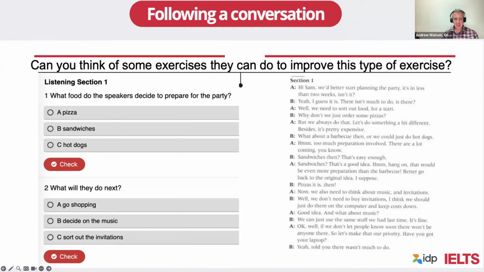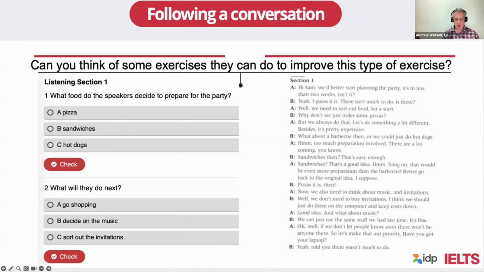So it's a skill of listening to and accepting suggestions, isn't it? Yeah. Now, suggesting is what we call functional language, isn't it?